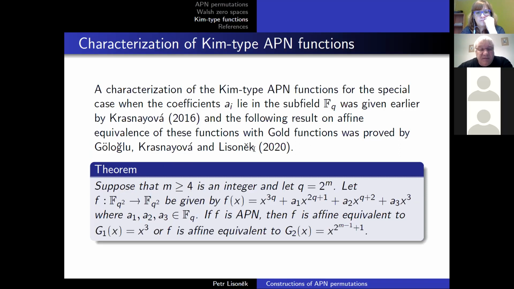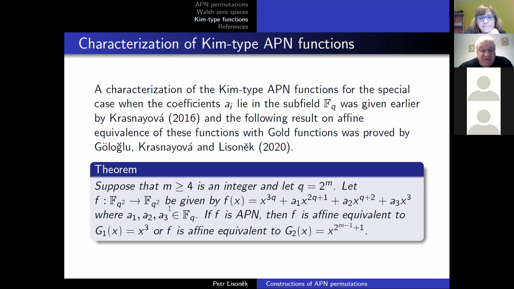And we also had, with Faruk Göloğlu and Daša Krasnayova from Charles University in Prague, previously proved a characterization of when these functions are APN, but restricted to the coefficients a_i being in the small field.